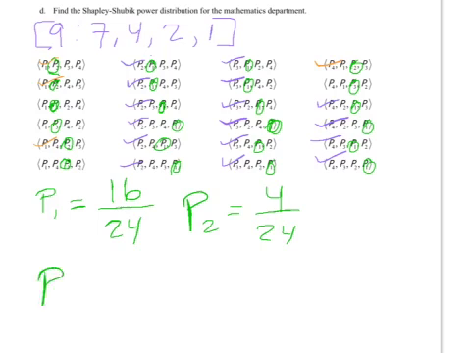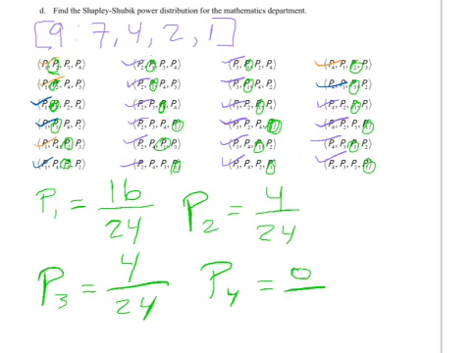And then player 3, out of 24 times, player 3 is pivotal 1, 2, 3, 4 times. And player 4 is pivotal no times, 0 out of 24.